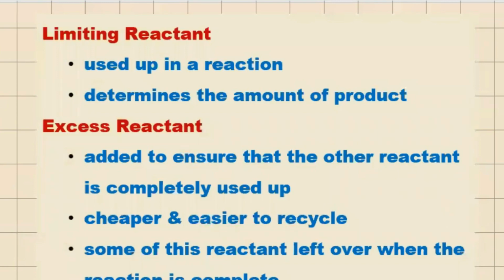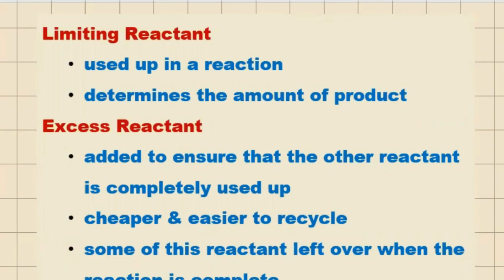Limiting reactant is a reactant consumed in a chemical reaction, completely consumed after completion of the chemical reaction, and it determines the amount of product. The amount of the product is calculated by using the given amount of the limiting reactant.